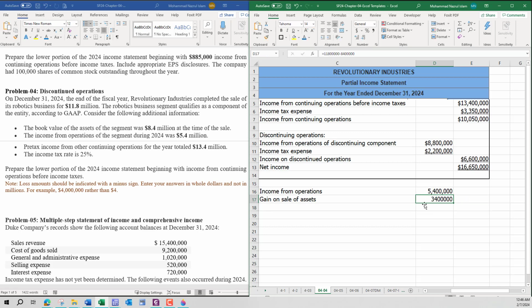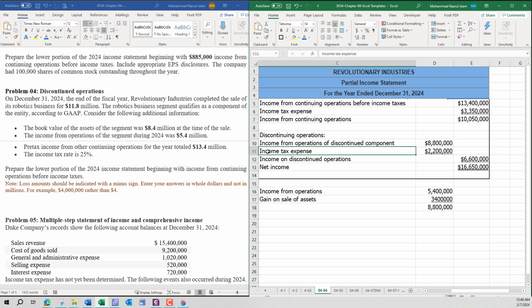This is our gain, and the total is the sum of these two, 8,800,000. So this is the income from operations of the discontinued component. Actually, the correct term is discontinued component.